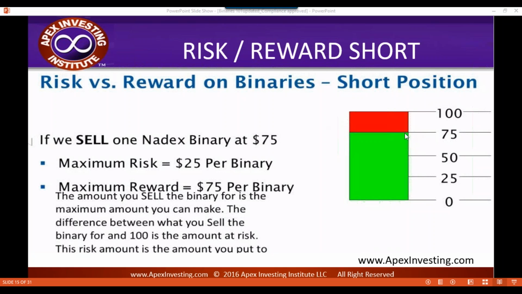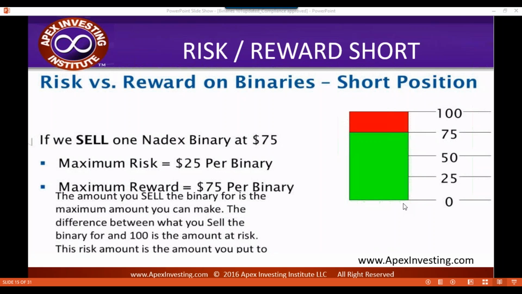If I sell a binary for 75, my risk is only $25. The most I can make is from 75 to 0. So again, the amount you sell the binary for is the maximum amount you can make. The difference between where you sell and $100 is your amount at risk.